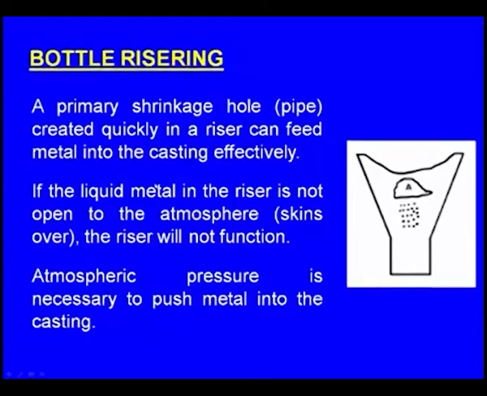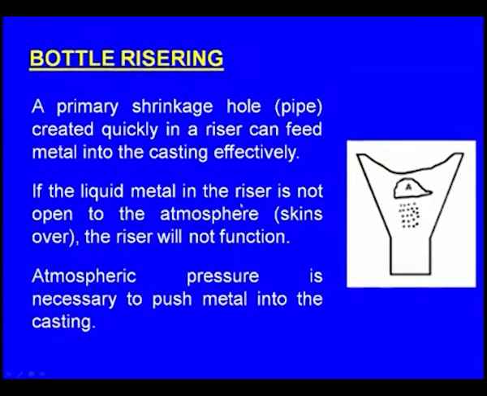What is this bottle risering, or what is a bottle riser? A primary shrinkage hole, a pipe, is created quickly in a riser. Because of this pipe, the metal will be forced inside the mold cavity. A pipe is created on the sides of the riser.